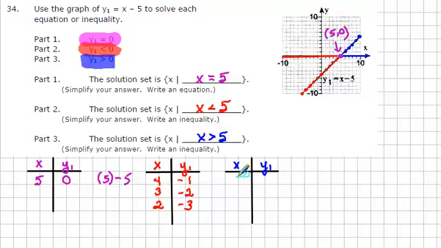Some numbers that are bigger than 5 are 6, 7, and 8. If we substitute 6 into the formula, we get 6 minus 5 is 1, 7 minus 5 is 2, 8 minus 5 is 3. Notice that all the y values are greater than 0, and this supports the fact that the solution set is the set of x such that x is greater than 5.